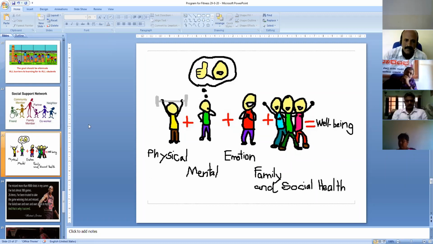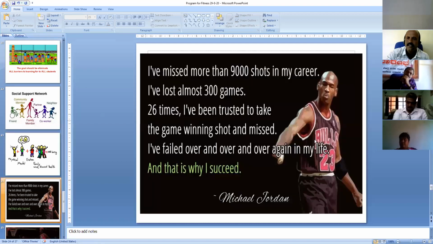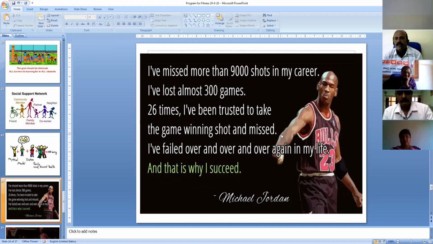And here I want to mention a statement by one of my favorite players. For his achievement, these psychological qualities were very important to become a world class player. These psychological qualities directly helped him a lot. He missed about 9,000 shots.